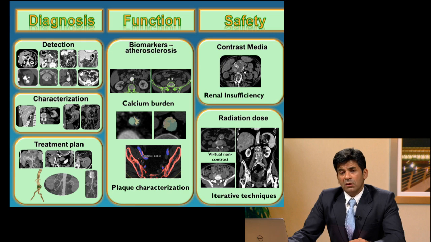We also need to develop images as a biomarker for risk stratification, for better prediction of outcome. And we are seeing examples of some of these image biomarkers in oncology and some of the vascular workup.